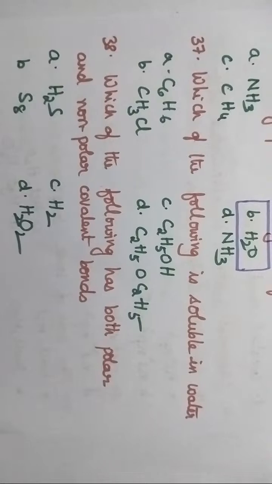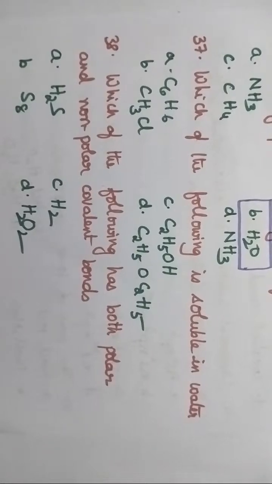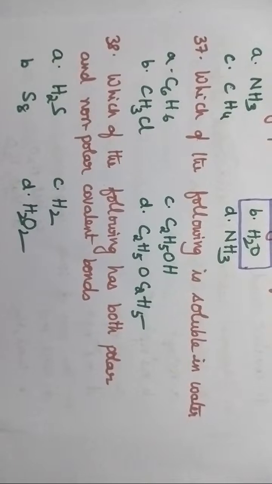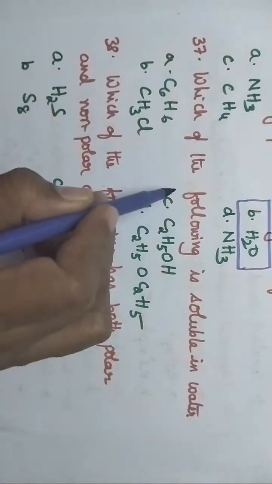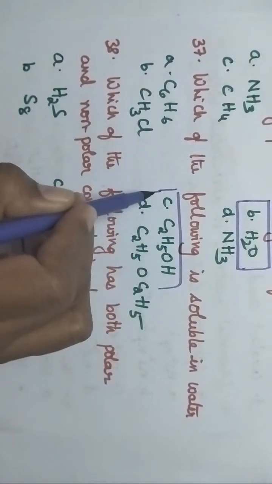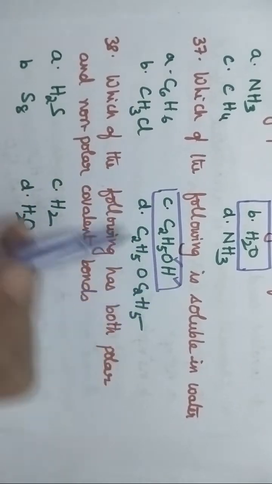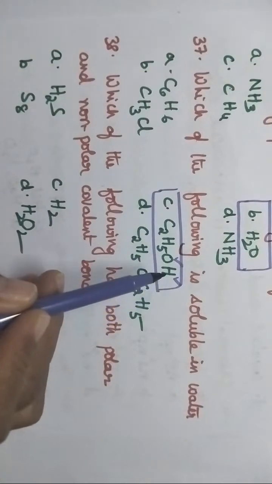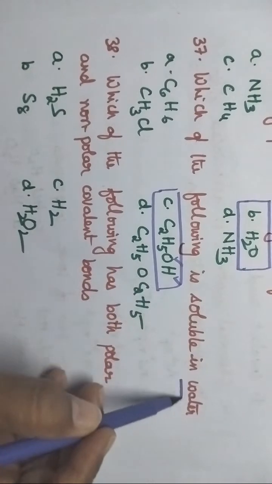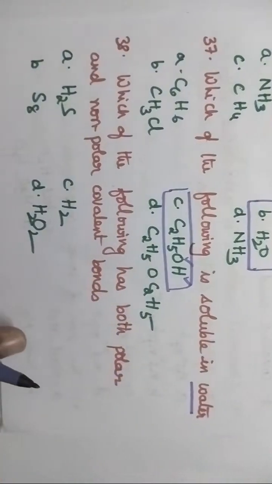Sai channel, very good. Very good, Leela. So, alcohol, due to the presence of oxygen and hydrogen atoms, it is also soluble in water. So, it is polar in nature and hence polar substances are soluble in polar solvent. So, option C is the right answer.